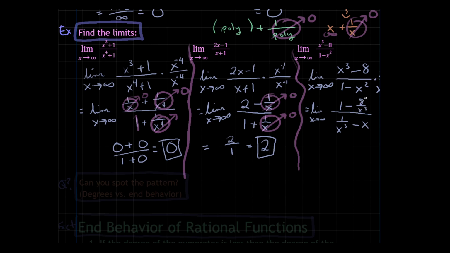Alright, so what happens? That part goes to 0. That part goes to 0. And as x gets large, this is going to go to 1 minus 0 over 0 minus x is going to positive infinity. So overall, this is 1 over negative infinity, which is 0.